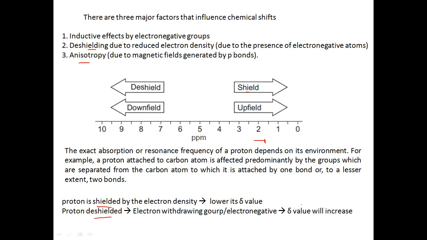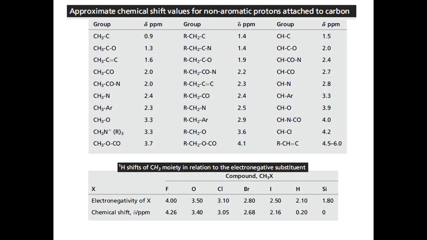So the electron density around the proton will cause the shielding and deshielding effects, and that will affect its absorbance of radio frequencies also, right? The proton which is shielded by electron density, that is, not in near proximity of any electronegative atom, will have a lower delta value, lower chemical shift values.